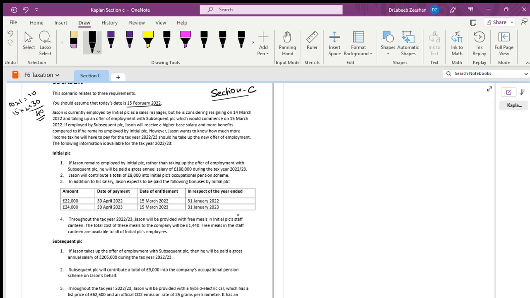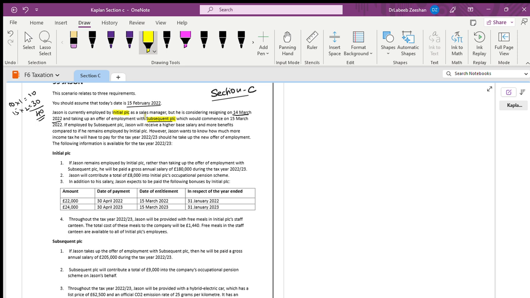Jason is currently employed by Initial PLC as sales manager. He is considering resigning on 14th April and taking up an offer of employment with, these are two different companies, one is Subsequent PLC and one is Initial PLC, which will commence on 15th March 2022.